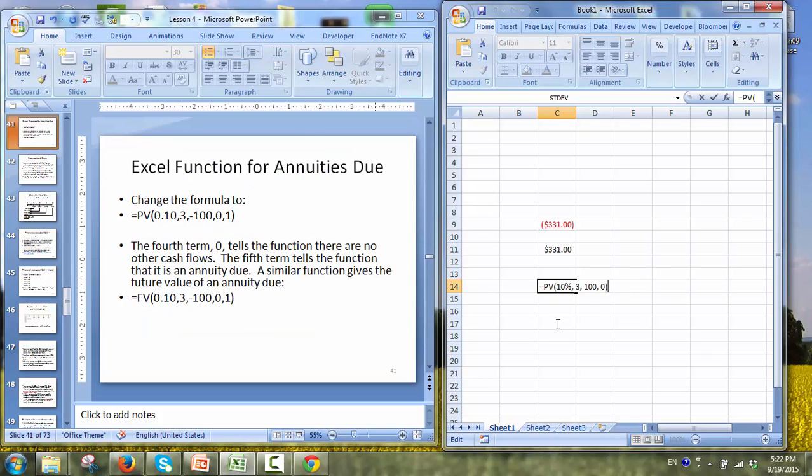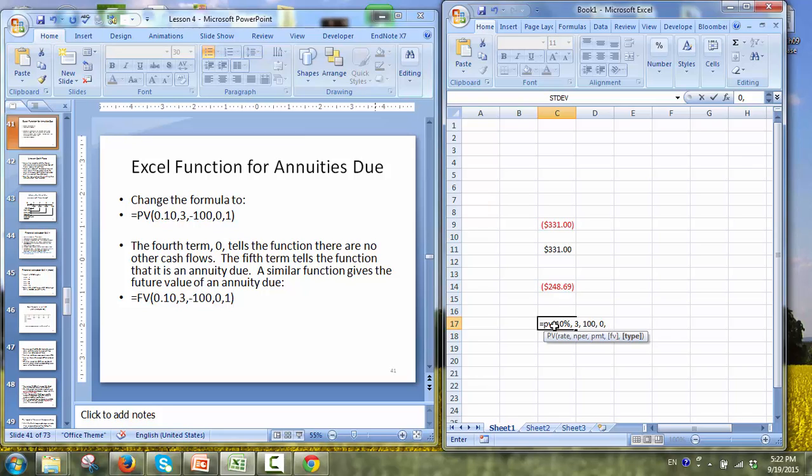What do we do with Excel? If we want to find the present value and future value of the annuity due, we just need to tell Excel that we are looking for results for annuity dues. So for the present value, we use the same PV function and the same 10% interest rate, same 3 years, same $100, 0 future value.